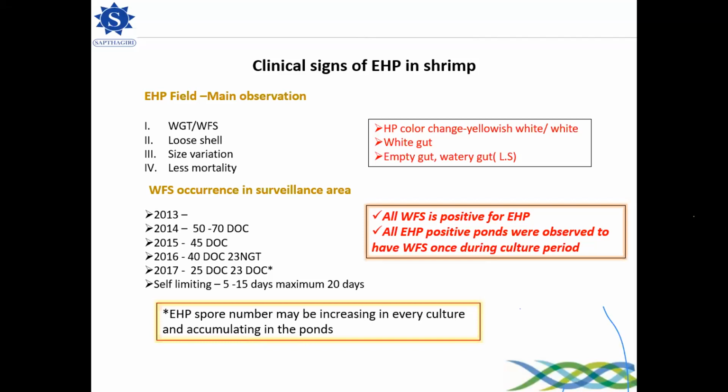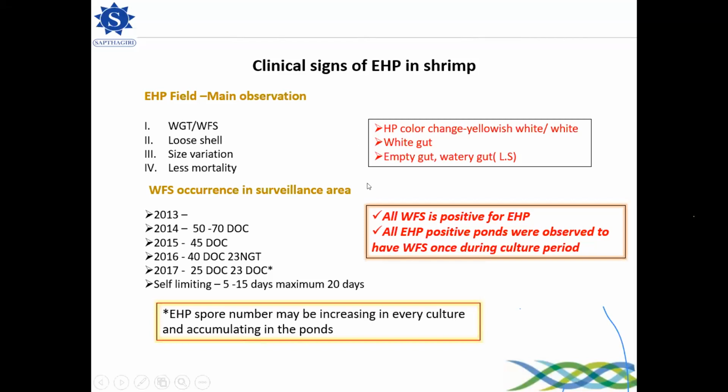In 2014, the first appearance of white fecal was reported at 50 to 70 DOC, whereas in 2017, it reduced to even 25 to 23 DOC. That means the number of EHP spores is increasing and accumulating in the pond during the culture.